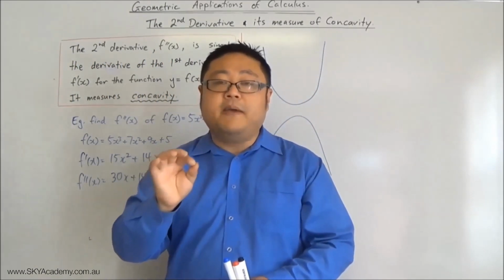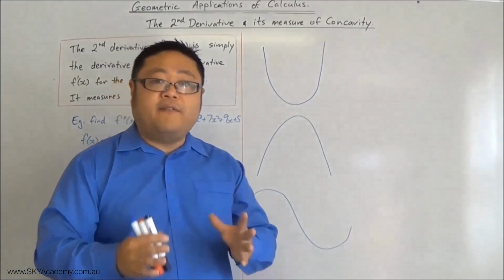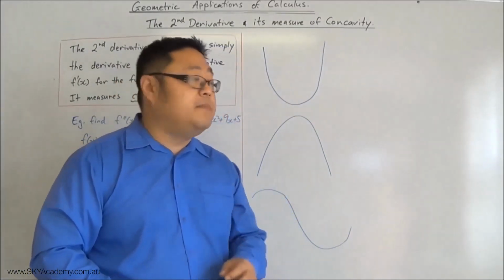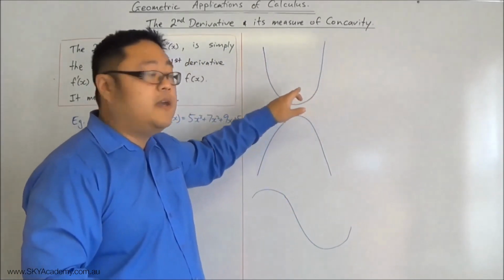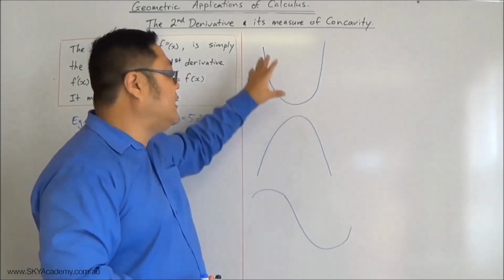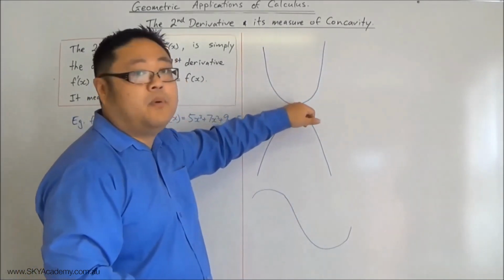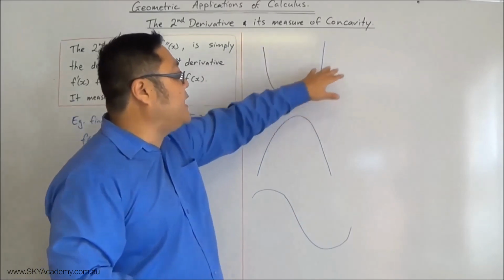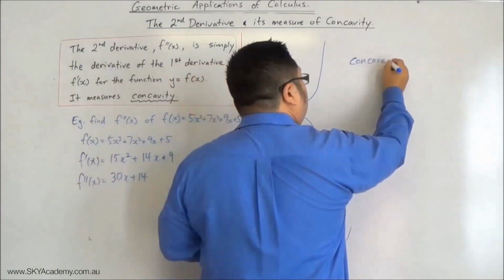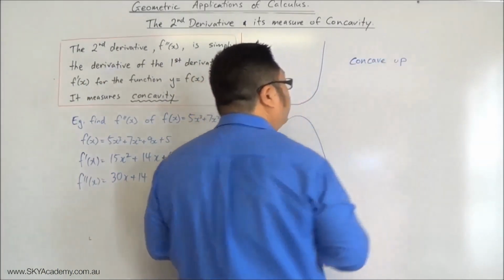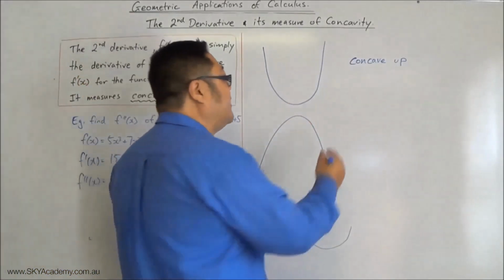What does it measure? It measures a concept known as concavity, and concavity can best be described in this way. See this smiley face here? If you remember from the last episode, this smiley face gives us a minimum at this point. But this whole smiley section is what we call concave up, and concave up usually results in us having a minimum.